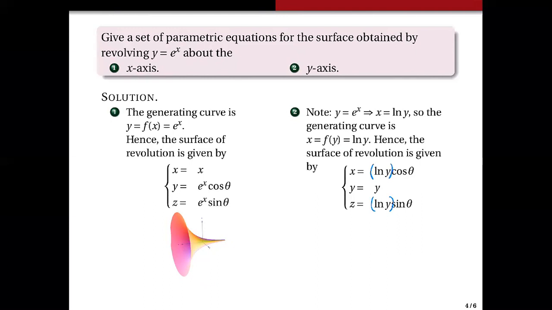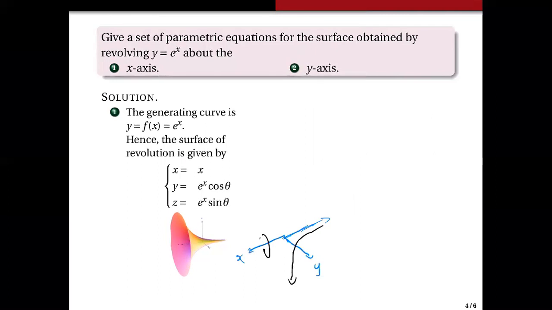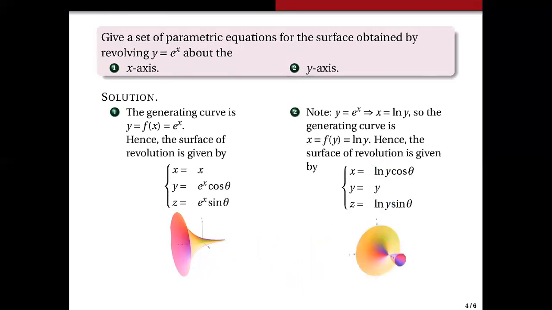Okay? Now, the graph. So just like in here, you have this graph in here and you revolve about this. So this time, if you revolve about the y-axis, so this is your axis of revolution, you will obtain the following sketch here.